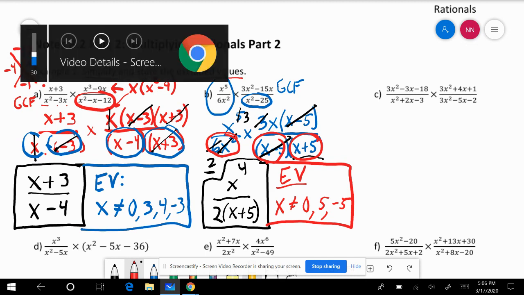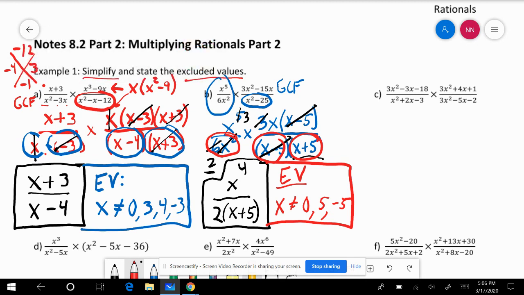Now, looking at letter C, we notice that there are trinomials. So that means we're going to be using the x quite a bit. So if we're looking at these, we see that all of them are divisible by 3. If we factor out a 3, we have x squared minus x minus 6.